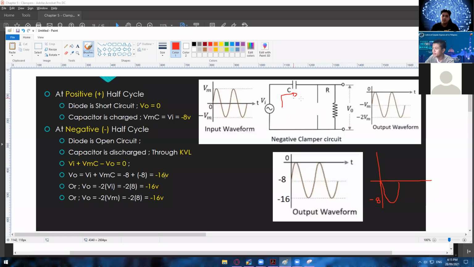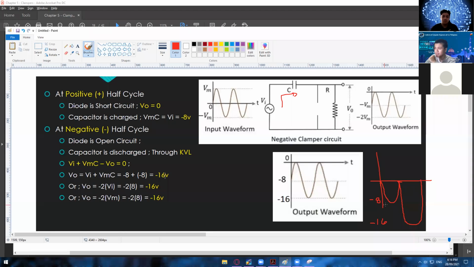Okay. And then once is one positive half cycle, so we have 0, okay? And then this will be charged. And then during the negative half cycle, so again, this will become a reverse bias and open circuit. And that is the time that it will discharge the capacitor plus the value of your VI. So that is why we now have a double waveform right here. So from -8, it will become -16.